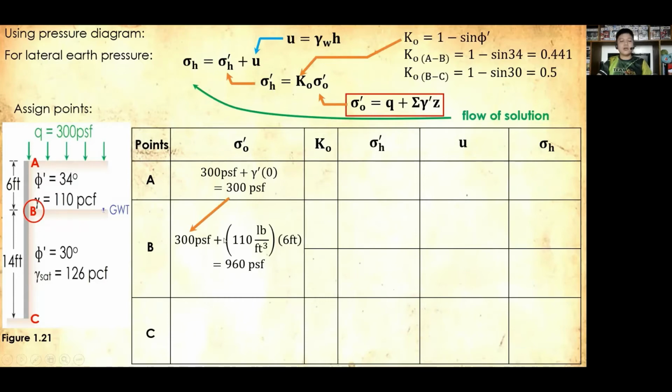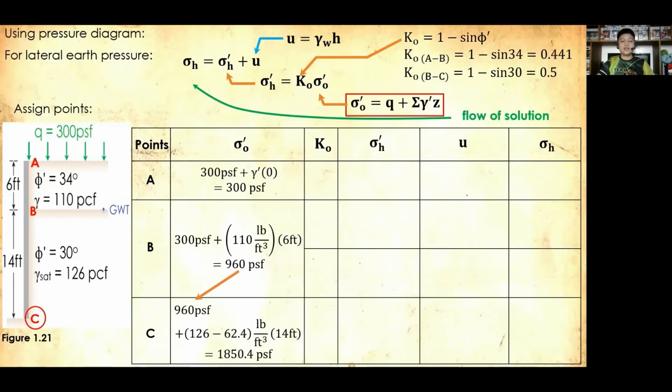And carry over the total weight at point B and adding the weight from B to C, we have now our effective stress for C, that is plus, again, we need to consider gamma prime. So gamma prime, since we are provided with saturated unit weight due to the presence of the shallow groundwater table, we need to deduct or subtract the value of the gamma of water.